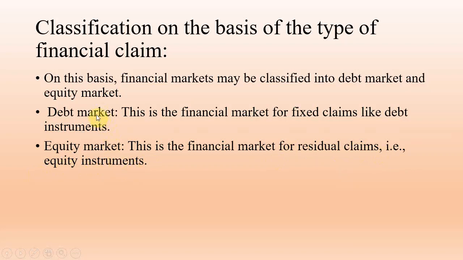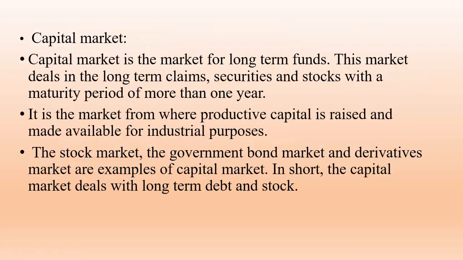That means for debt we get a fixed amount of interest, for example fixed debenture interest on debentures. But for equity we get dividend. As the profit increases, the percentage of dividend paid to the equity shareholder will be more.